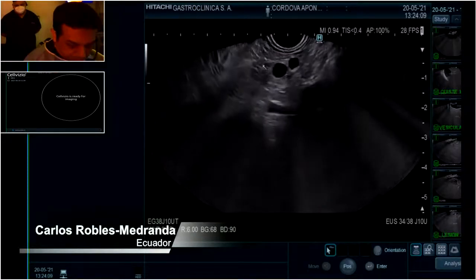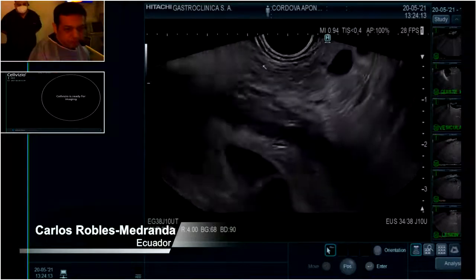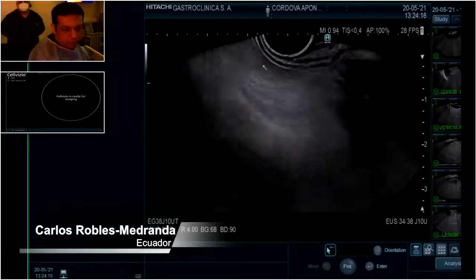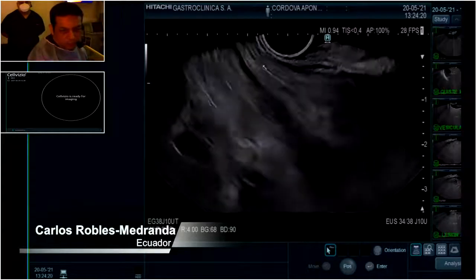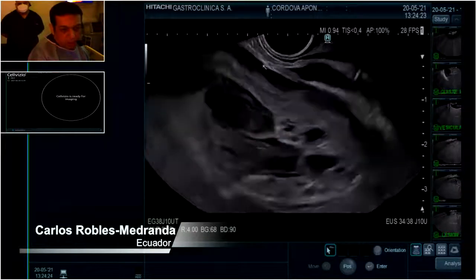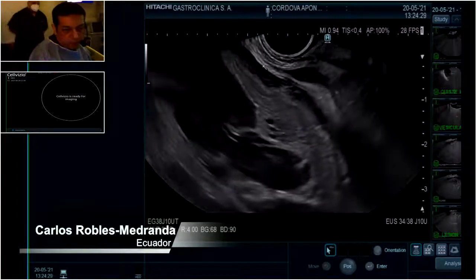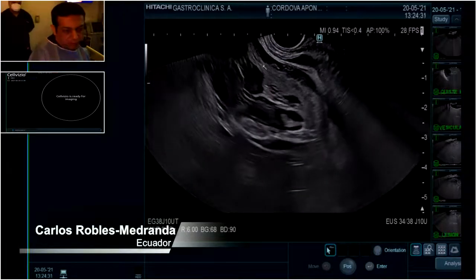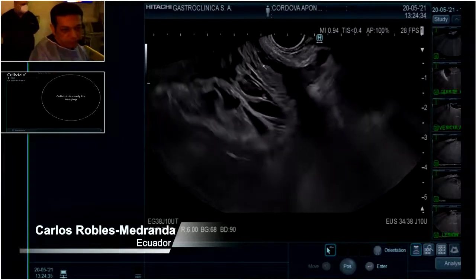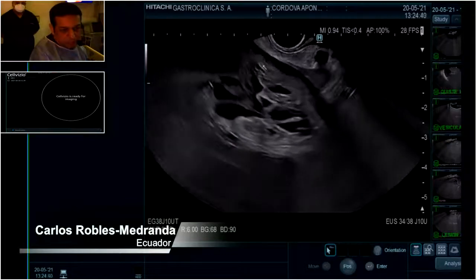And this is my body of the pancreas. And I believe that this is a cystic lesion. This one. Hmm? Big one.